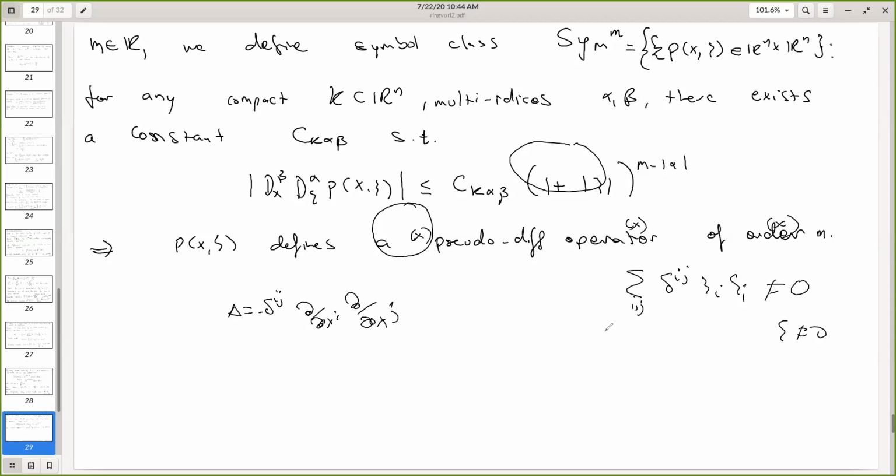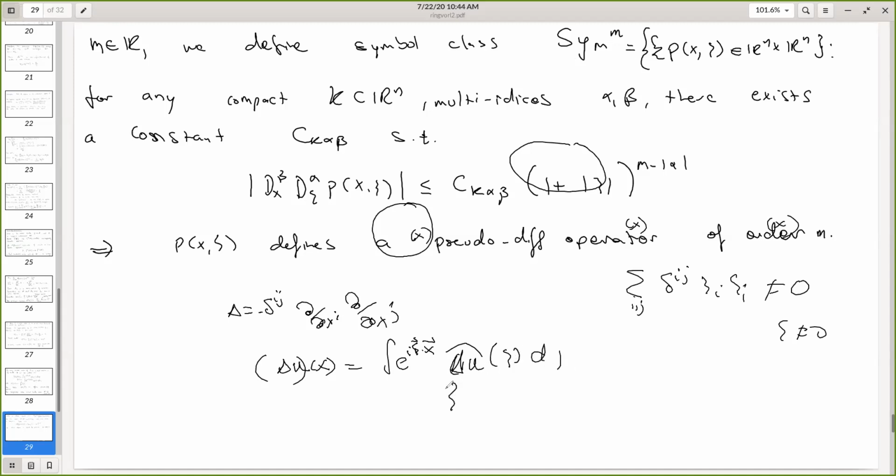Maybe it's not that important to stress the elliptic point that much. But what we can also do is apply this operator on some u of x, which can be written as the integral of e to the power of i xi x, times u hat of xi d xi.